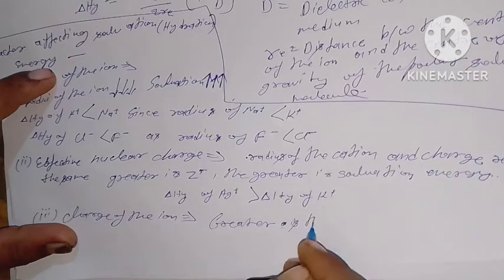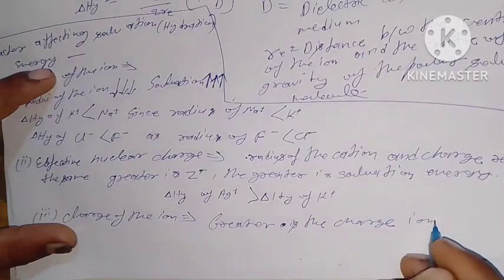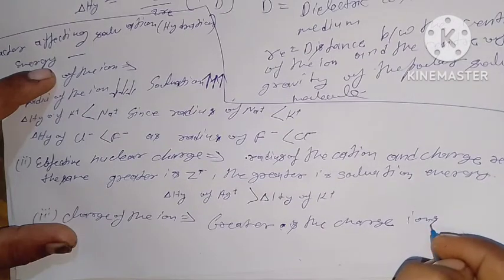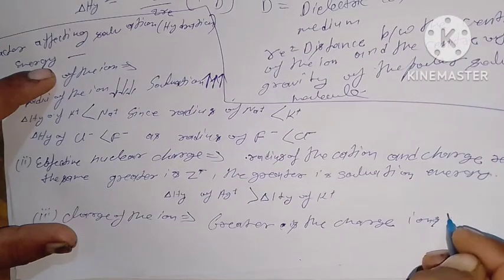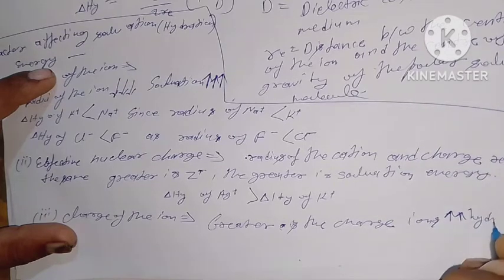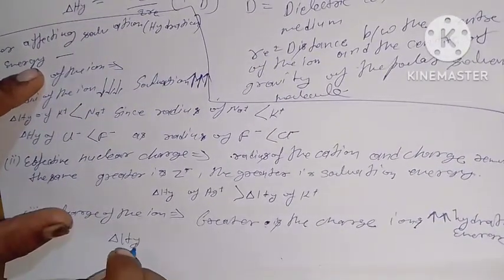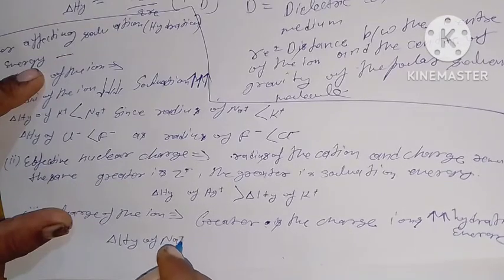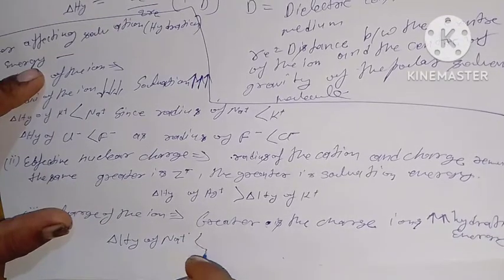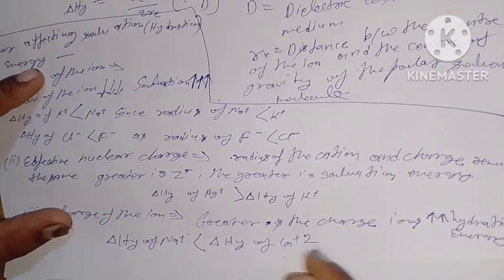That means delta H of sodium positive ions is less than delta H of the calcium doubly positive ions.